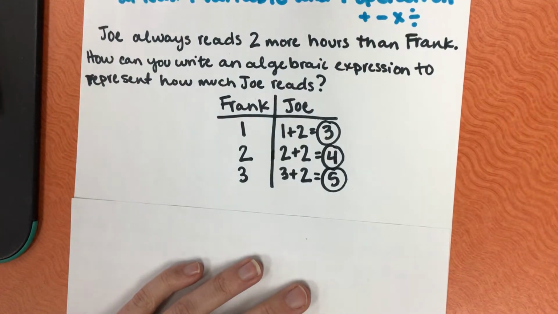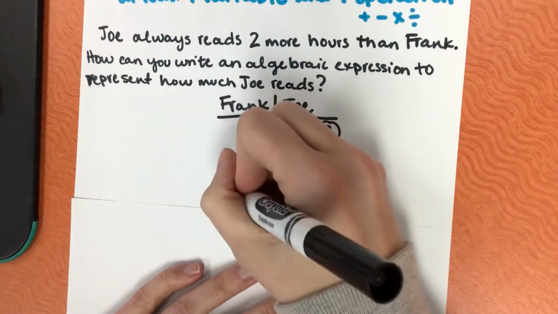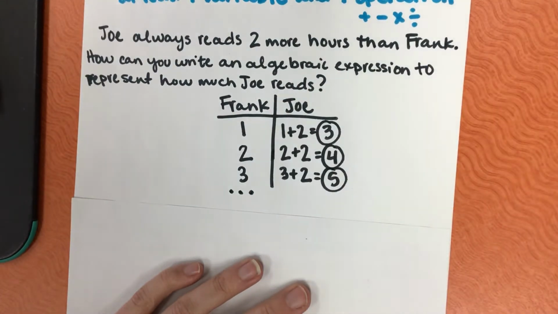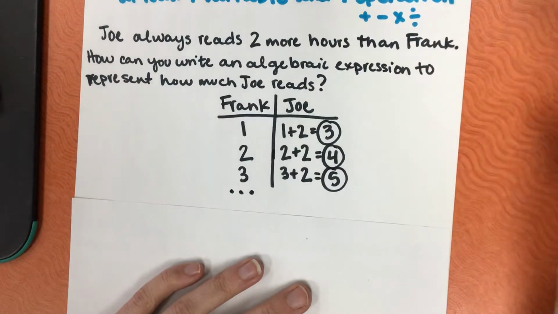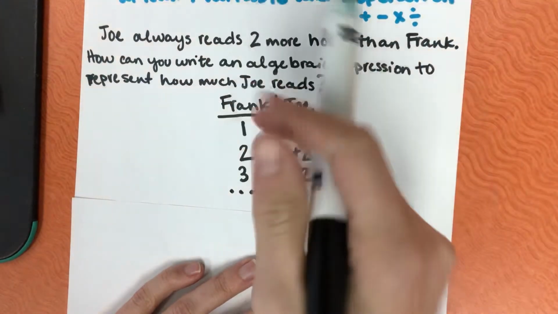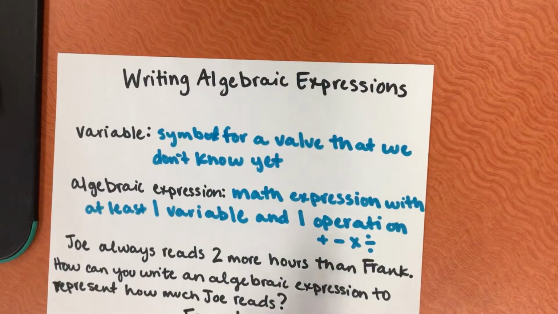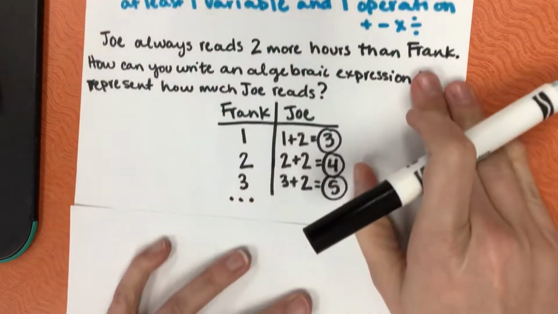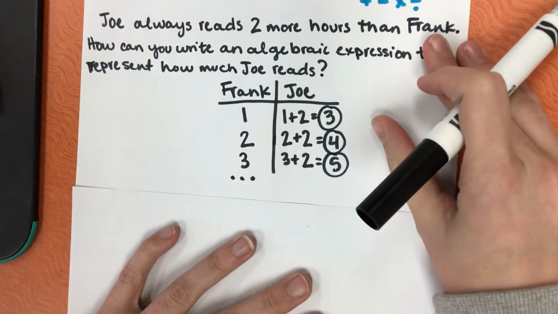What if, though, we don't know how much Frank reads? We just know Frank read some hours this week. We don't know how much, but we know that Frank read something this week. Since this is a value that we don't know yet, we can represent that Frank read some hours with a variable.